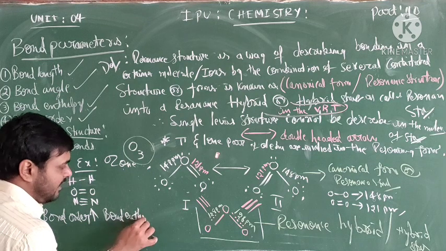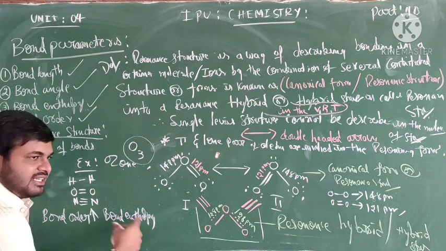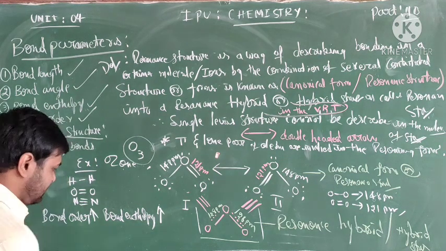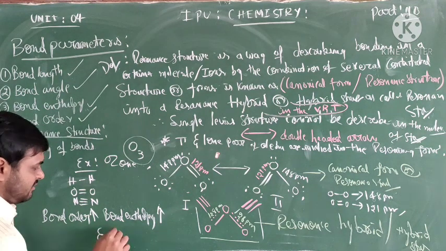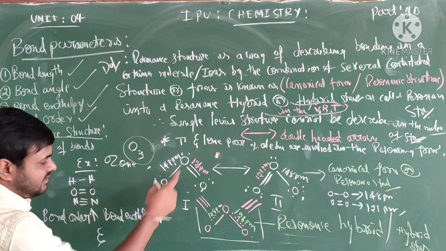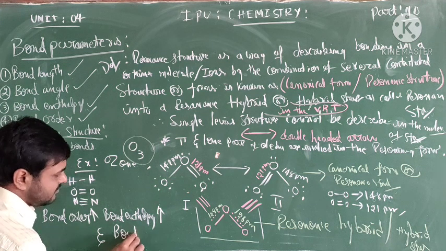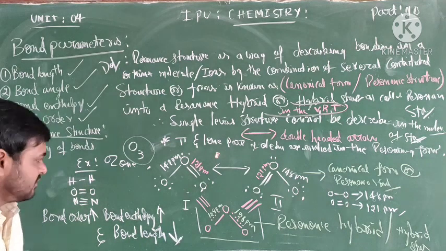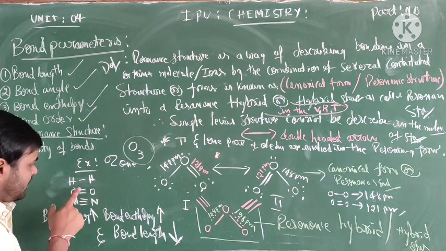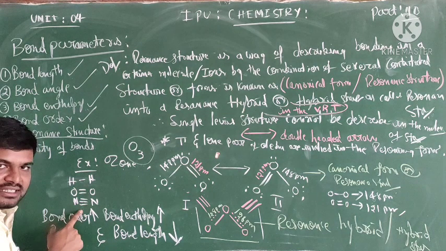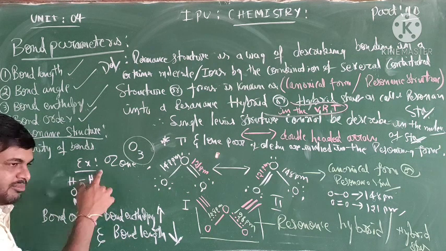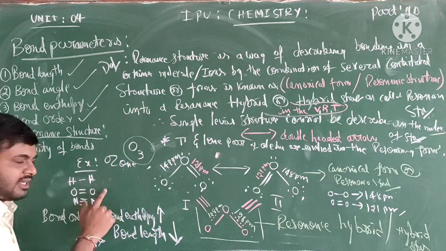Bond enthalpy, the energy for breaking of the bond, increases, and bond length decreases. Okay, see here, 1, 2, 3, the bond order increases, and the bond enthalpy values also increase.